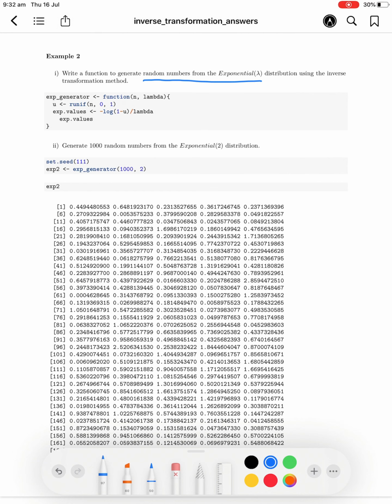So first, we are given x follows an exponential distribution with lambda, and we need to derive the CDF of x. You can show that this is equal to 1 minus e to the power minus lambda x, where x greater than 0. This is the first step.